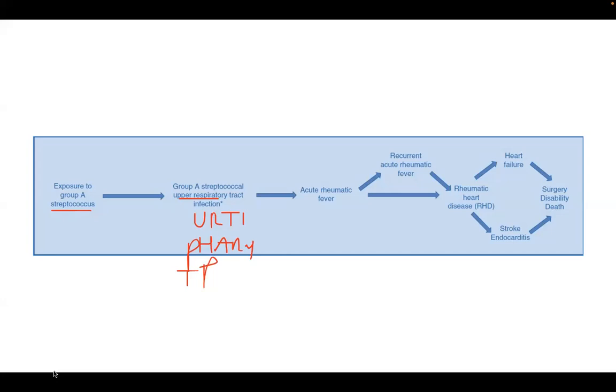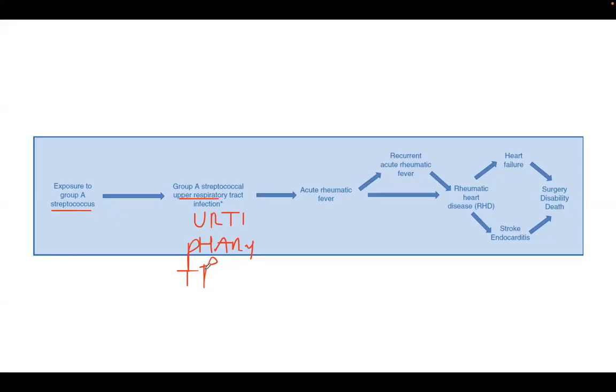So please take note of that. The respiratory tract infection which you will most likely encounter is going to be tonsillopharyngitis or streptococcal pharyngitis.